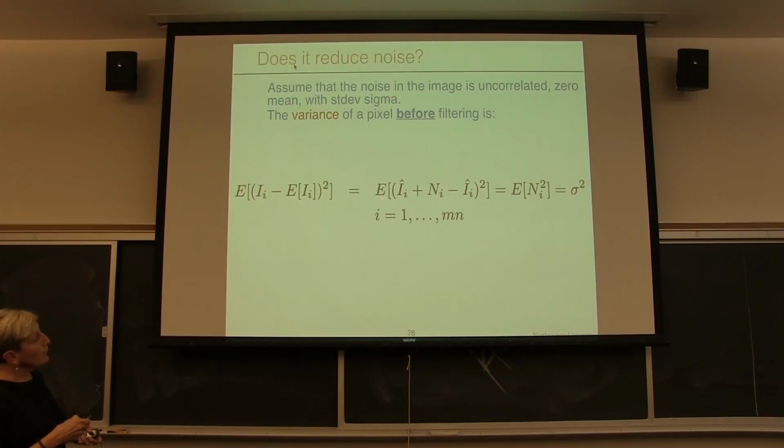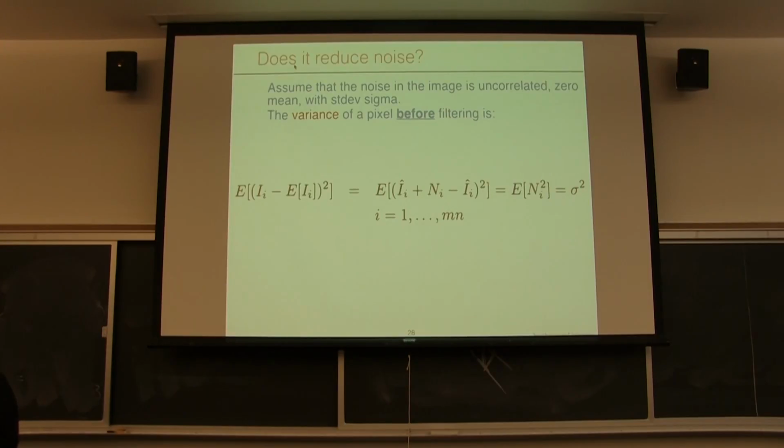Square that and take the expected value. If we expand this, this guy cancels with this guy. So what I have is the expected value of the noise squared. And in our model, we assume that for every pixel, it doesn't matter which pixel it is, it's the same, and it is sigma square. Okay?